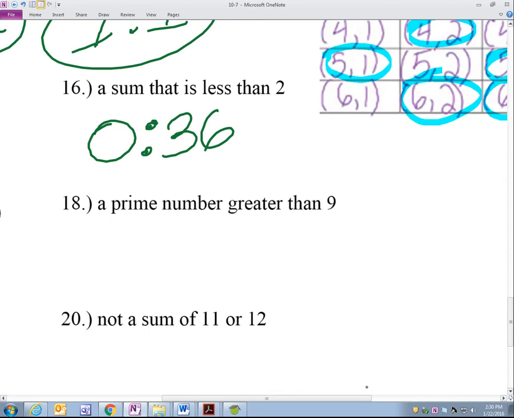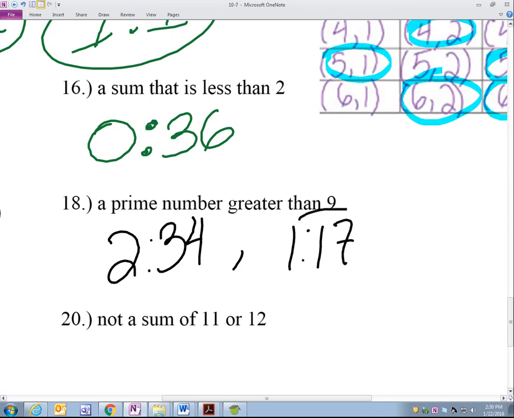How many times does 11 show up? Only 2: 5 and 6, and 6 and 5. So there are only 2 out of 34. So that means 1 out of 17. 1 out of 17, and that's how you say that. 1 to 17.